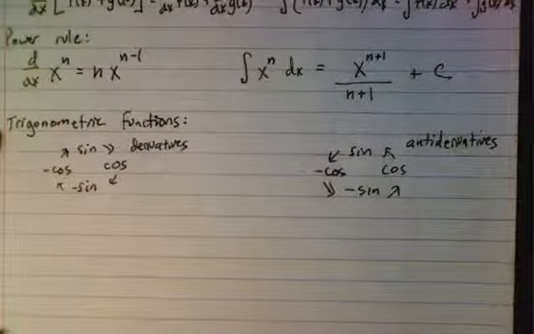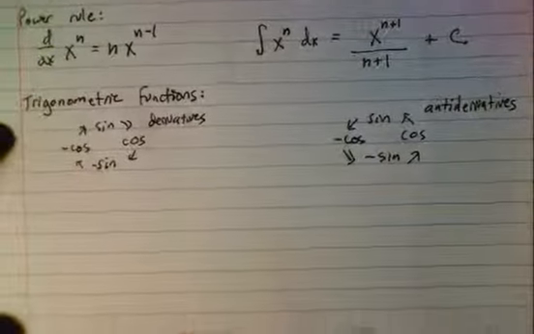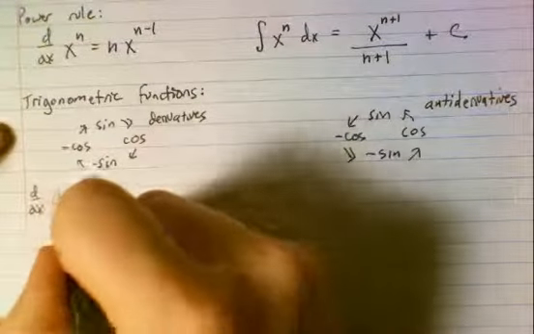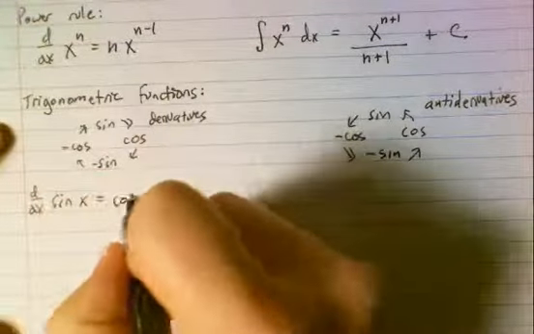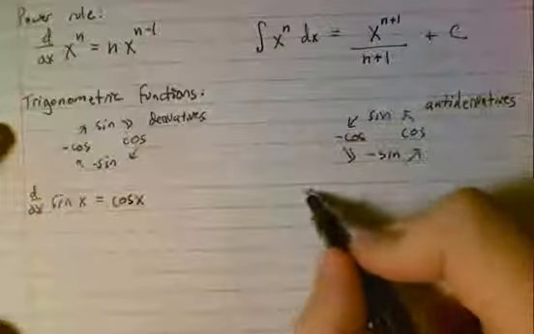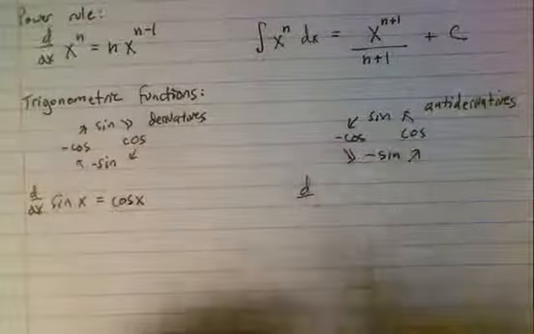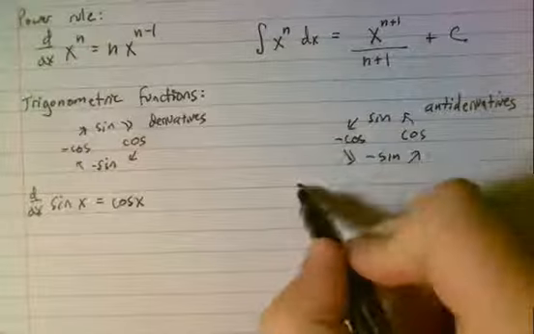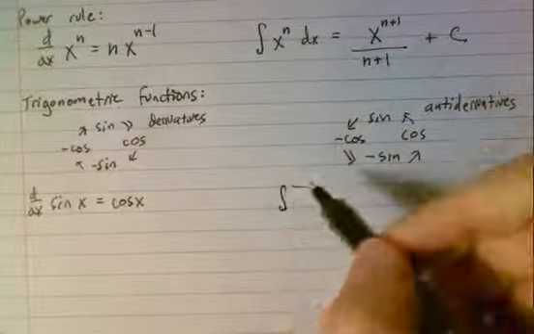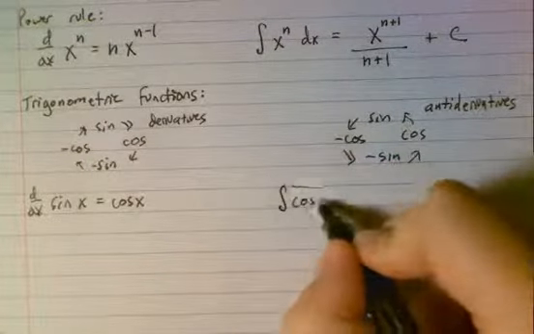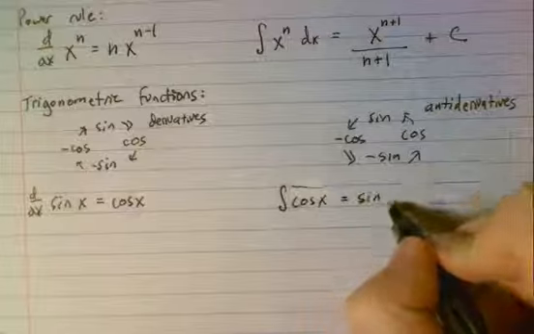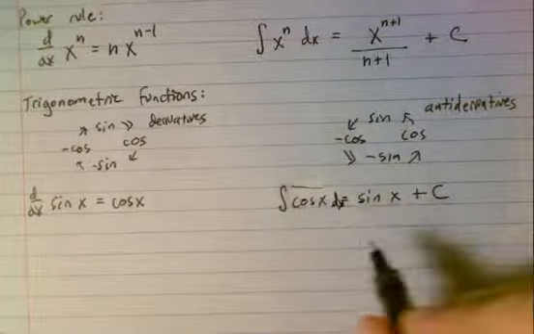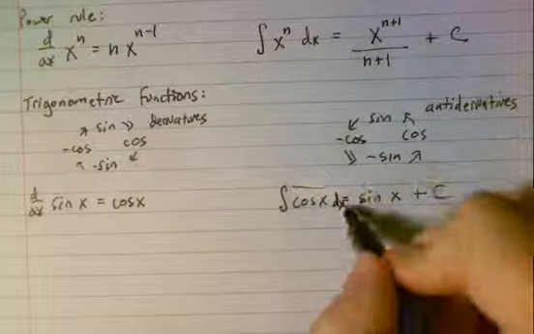Like so. So whereas over here we had that the derivative of the sine of x equals the cosine of x, here we have that the antiderivative of cosine of x is sine of x plus c, and there's always a little dx right there next to that.